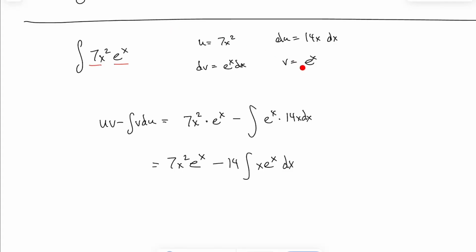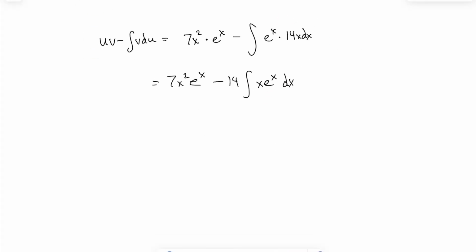After I did the parts, the effect of that was to reduce it now to a degree 1 polynomial. And if I do the parts again, it should reduce it again to make the polynomial disappear entirely. Generally speaking, if you had, say, a polynomial of degree n, you should expect to do the parts n times to make the polynomial go away.